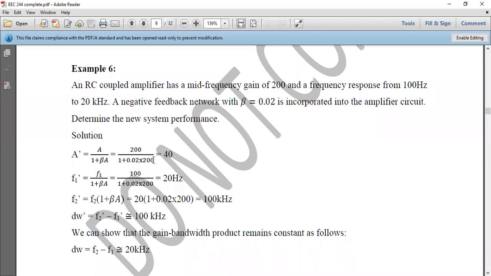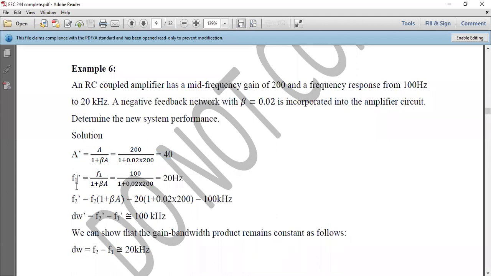We can substitute those values into the equation, and the answer is equal to 40. A prime is equal to 40. You can cross-check that on your own calculator. That is correct.